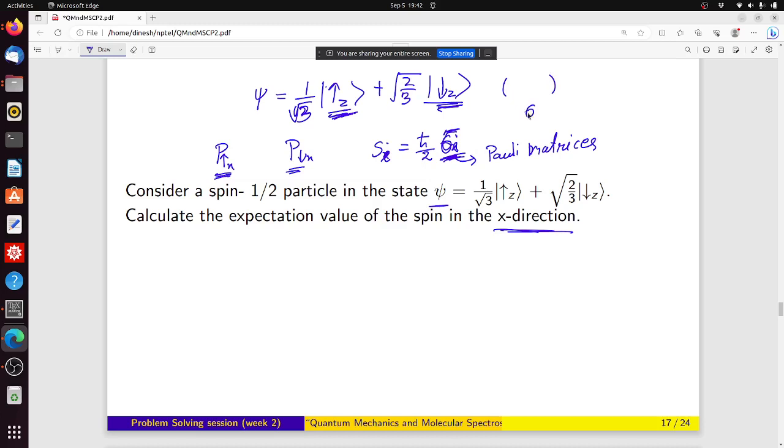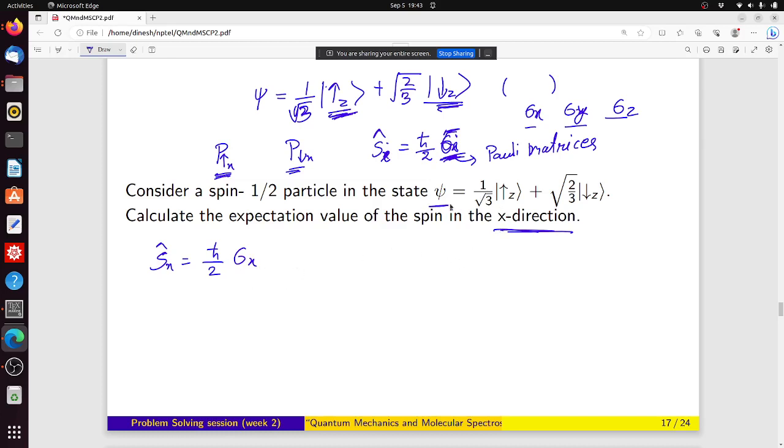There are 3 Pauli matrices: sigma x, sigma y, sigma z, right? Their trace is always 0, and they form a complete set actually. So we express the spin operator in terms of these Pauli matrices. So for spin x, we will have h cross over 2 sigma x, right?